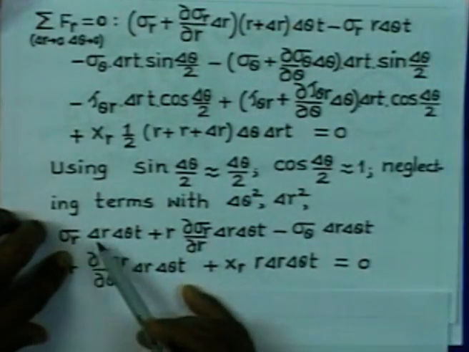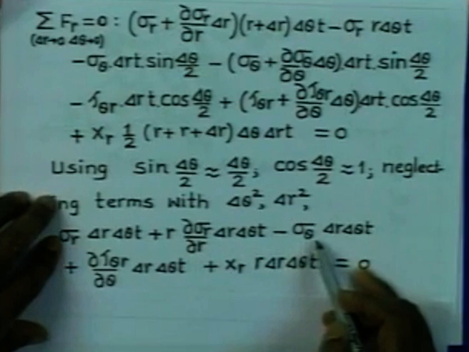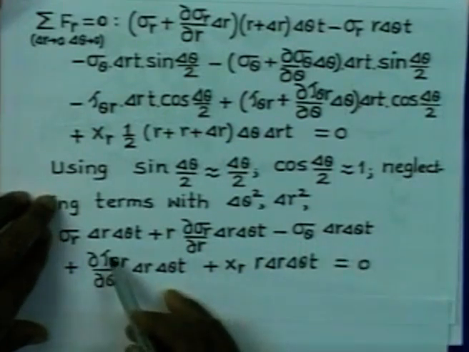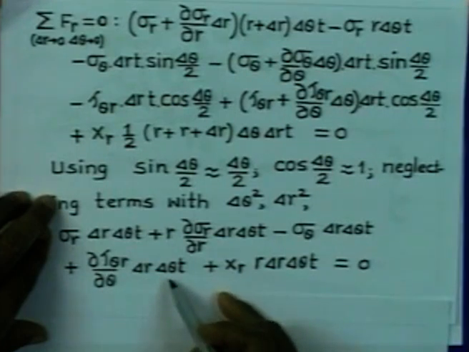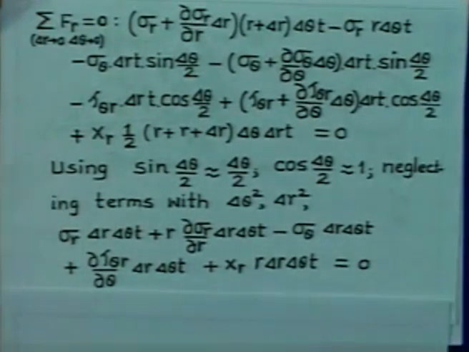So, we will have sigma r into delta r into T plus r delta sigma r delta theta into T minus sigma theta delta r delta theta into T plus delta tau theta delta r delta theta into T plus X r into r delta theta into T, and this can be further simplified by dividing both sides by r delta theta into T. We get from this term delta sigma r by delta r, and from this term we get 1 by r delta tau theta by delta theta plus sigma r minus sigma theta by r plus X r equal to 0.